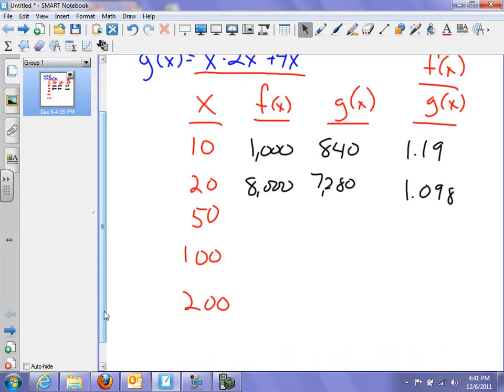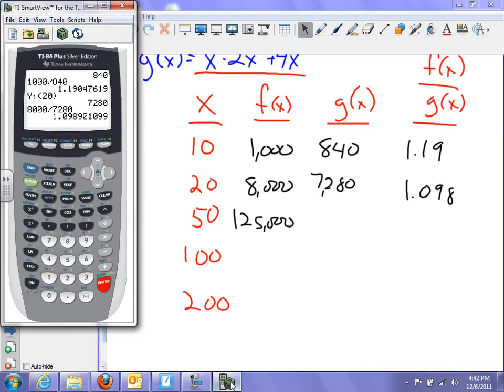Let's do it for 50. Well, 50 cubed is 125,000. Let's go back to my calculator here. Let's clear the screen. Alpha F4, y1. I want to evaluate it for 50.